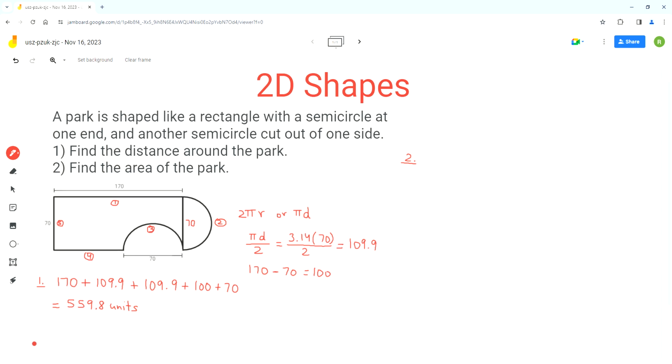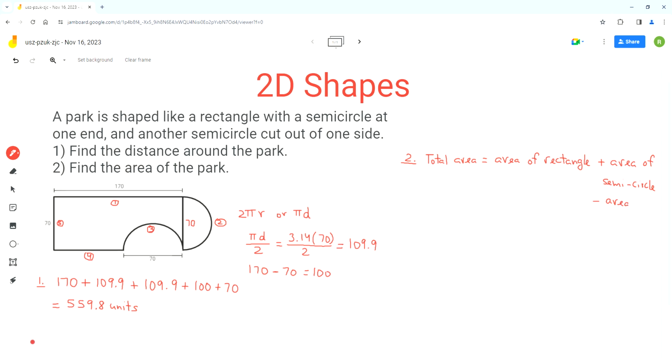So the expression for the area of this park can be written as: total area equals area of rectangle plus area of semicircle. However, we also have to subtract the area of the semicircle that has been cut out from the rectangle.